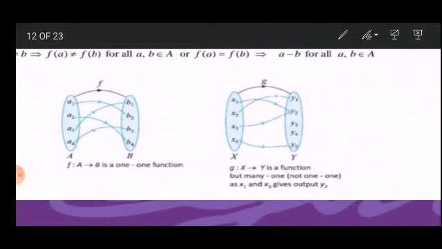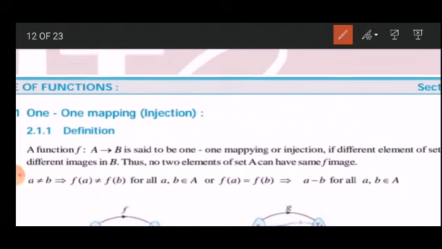In the second part, what we see is x1 has image y2, x2 has image y1, x3 has image y2. If you see over here, y2 is the image of both x1 and x3, right? So is this a 1-1 function? No, it's not a 1-1 function. It is a many-one function due to this.